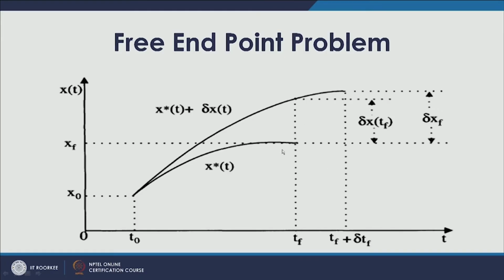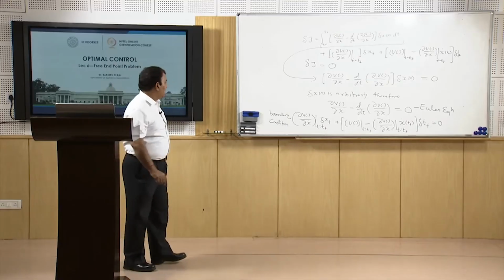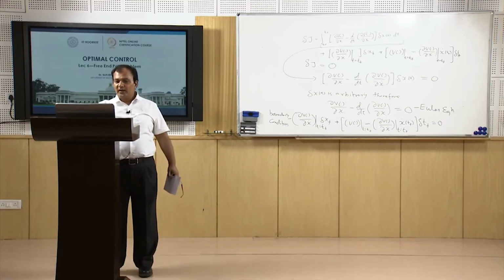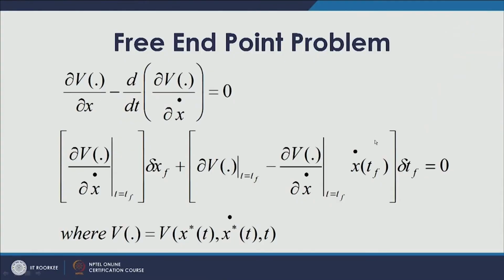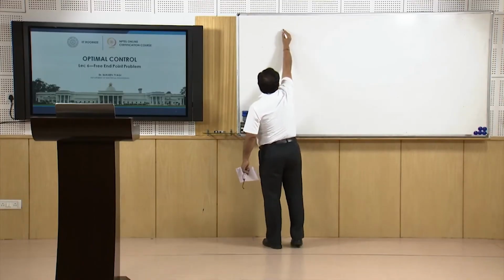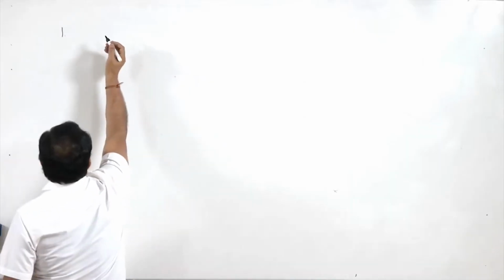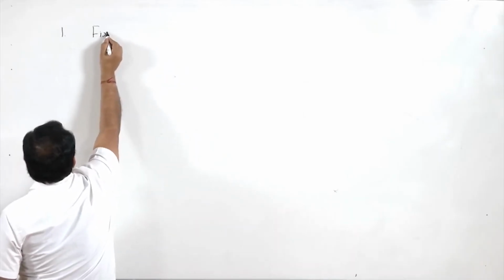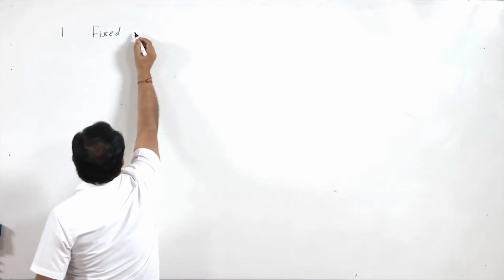In the fixed endpoint problem, my initial and terminal points were fixed. So, we will apply our different cases to my final result and see what the different cases may be for a free endpoint problem. So, we take the first case, which was the fixed endpoint problem.